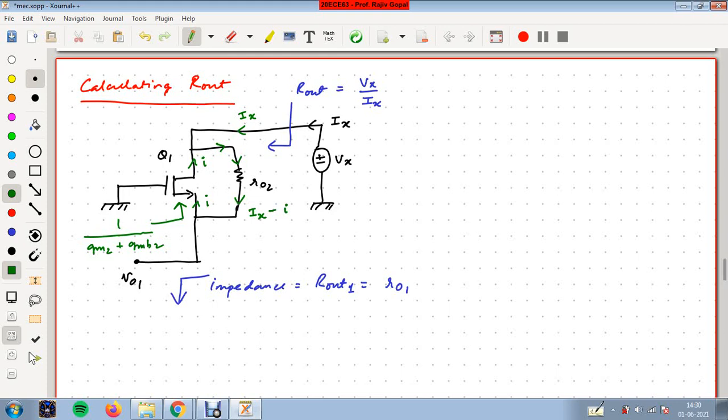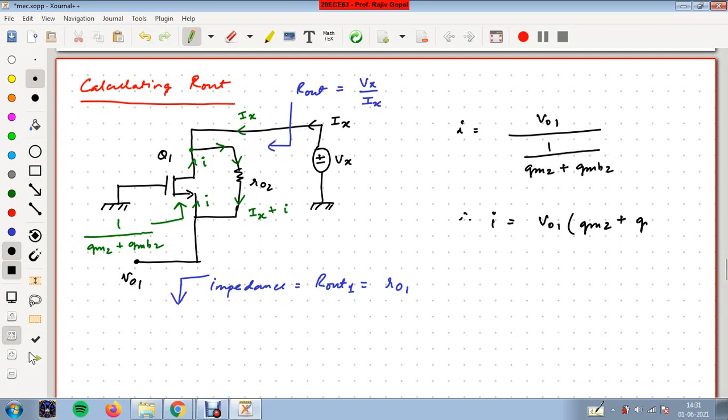No, not minus, plus. Ix plus I. If you apply KCL at this point, okay, so the current flowing through R02 is Ix plus I. Alright, so quickly we'll come up with what is I. Okay, so I here is V01 divided by 1 by GM2 plus GMB2. Therefore, I is V01 into GM2 plus GMB2. Okay, this is what I is.